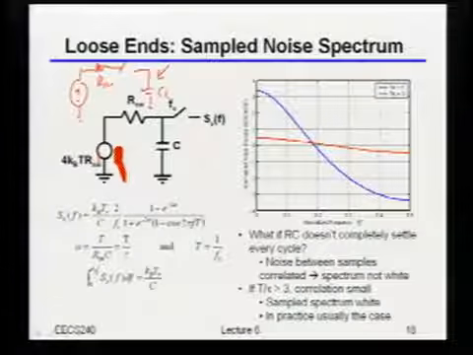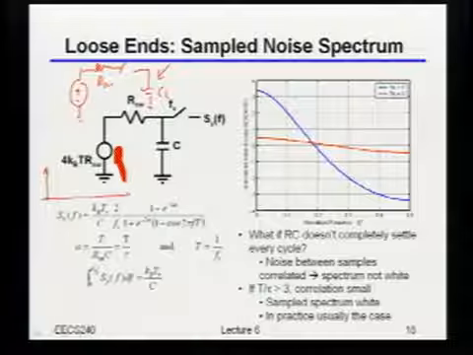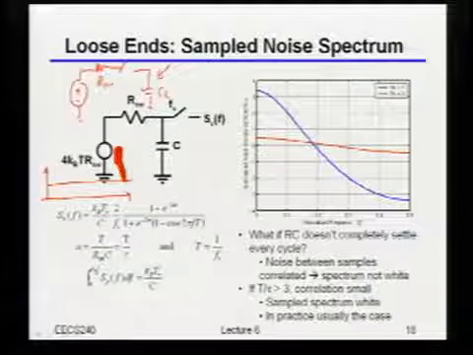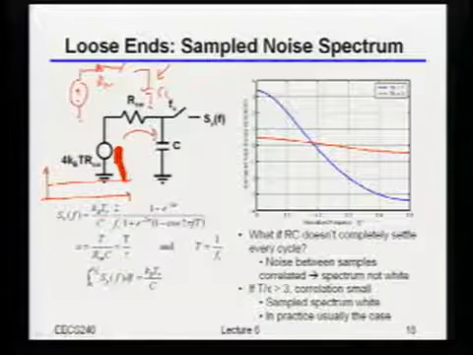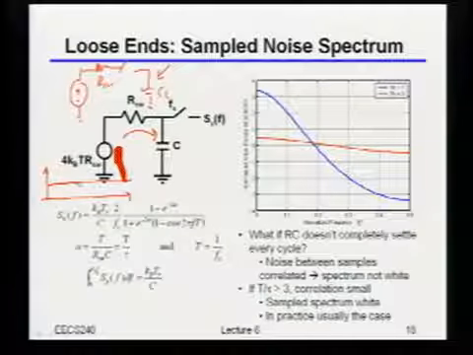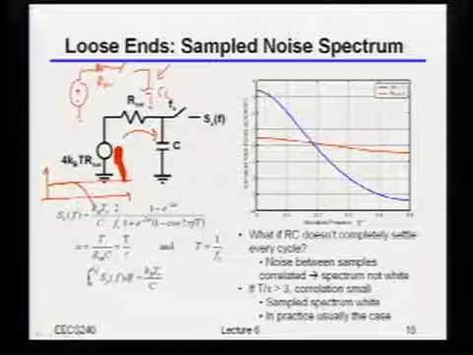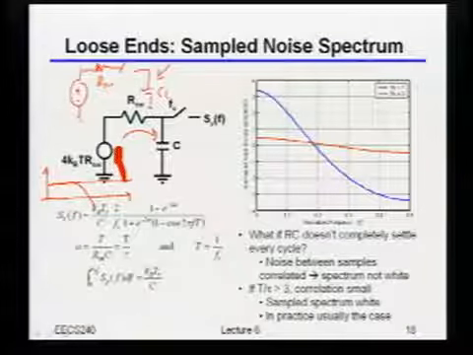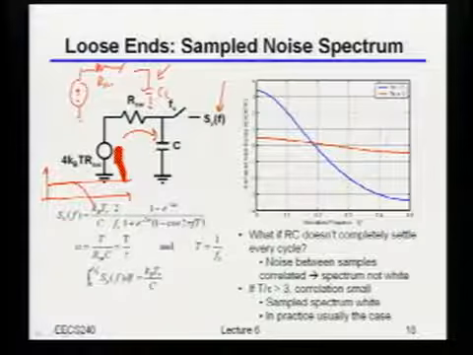Because remember, I'm taking this white noise process over here, meaning the white noise from the resistor, which in continuous time is spread over all frequencies, right? I'm passing it through this continuous time low-pass filter, right? So that's going to shape it to be something like this. But then I'm sampling that thing, right? So what happens when I sample that thing, from the standpoint of the kind of spectrum that I'm going to measure at the sampled output over here? What does that do?